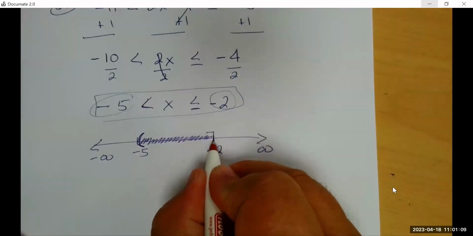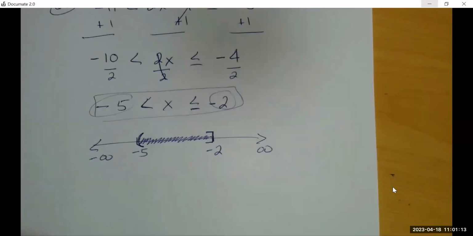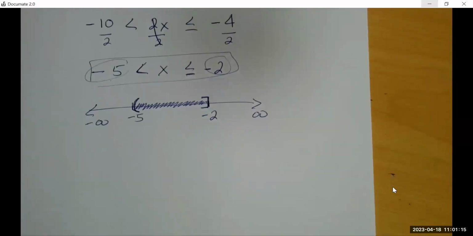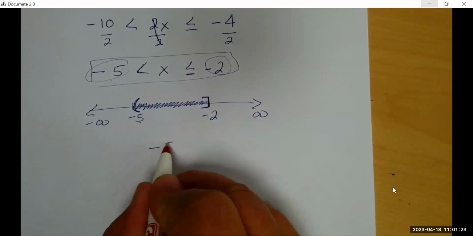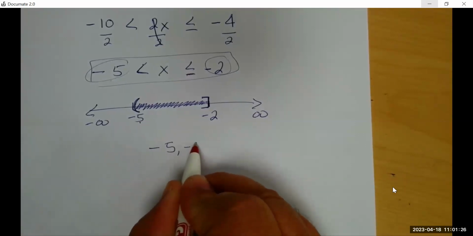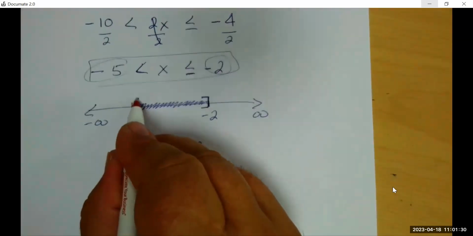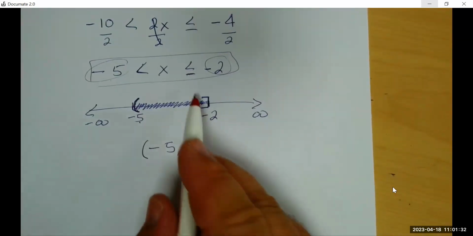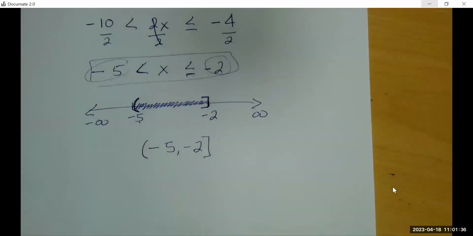The negative 2 has a bracket, so it's an equal sign. So we look at the end numbers, negative 5, negative 2. You cannot use negative 5, so it's a parenthesis. You can use equal to negative 2, so there you have it. That's the procedure.